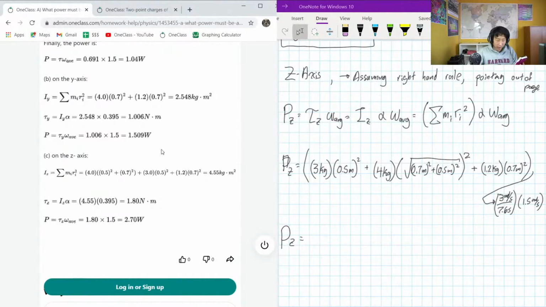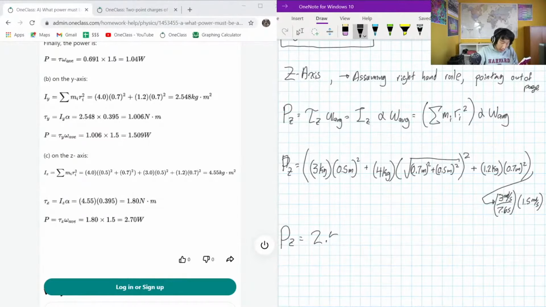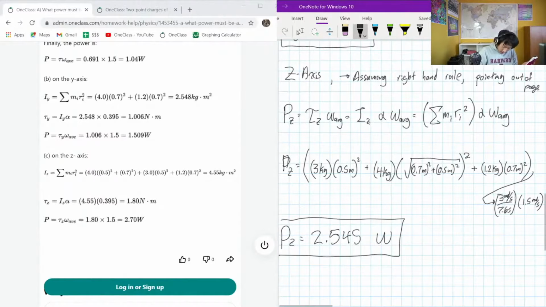Nothing to be worried about. It's just a minor calculation error. So my result for this power calculation is going to be 2.4, whoops, not 4, 2.545 watts. Okay, the only thing that's concerning is this calculation right here, but otherwise everything appears to be good.